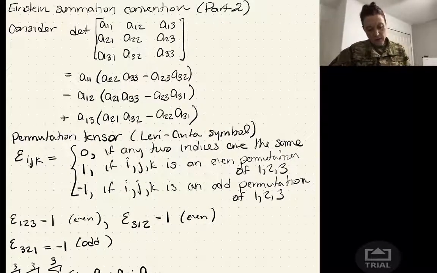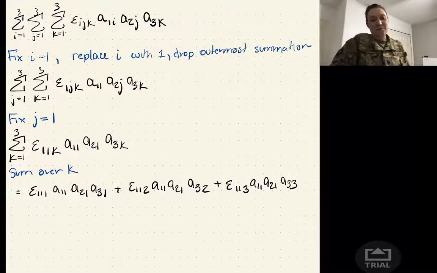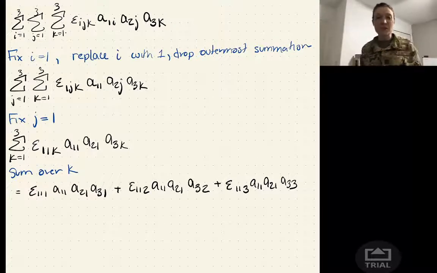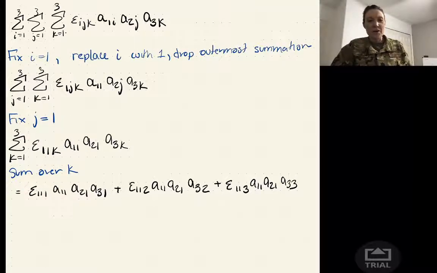Okay, so let's go back to our rules here and figure out what epsilon is equal to. If any two of the indices are the same, epsilon is 0. So look what happens here. We basically made our lives really easy, or really unpleasant, depending on how you look at it. Because when we fixed j equals 1, we forced epsilon to be 0.